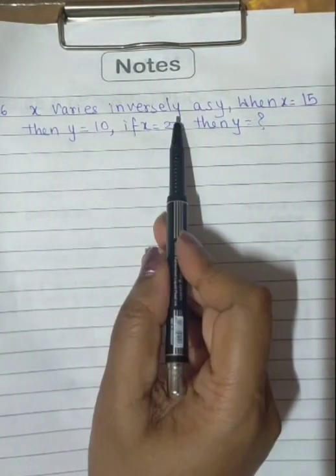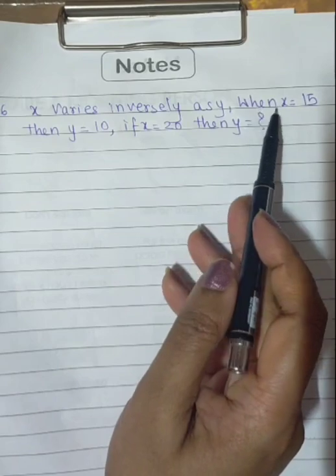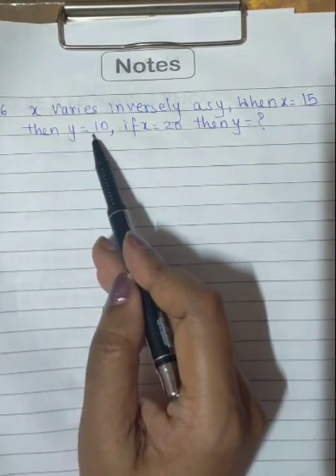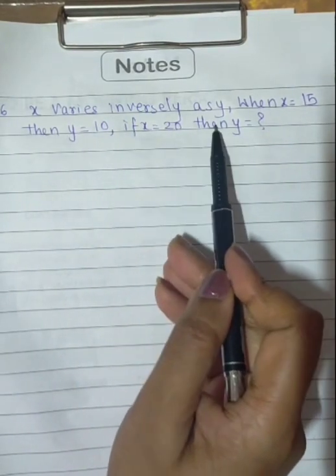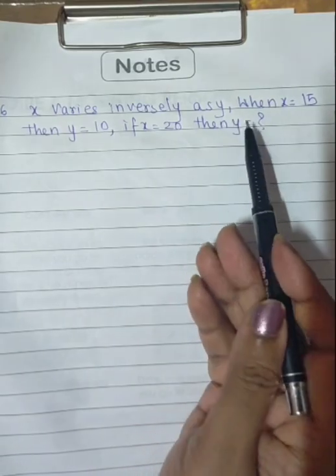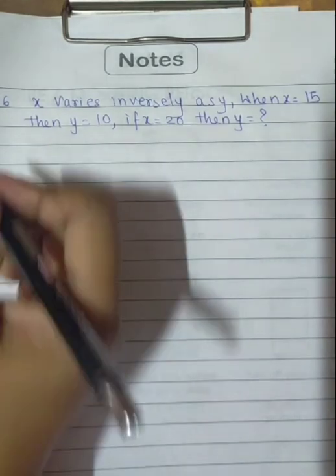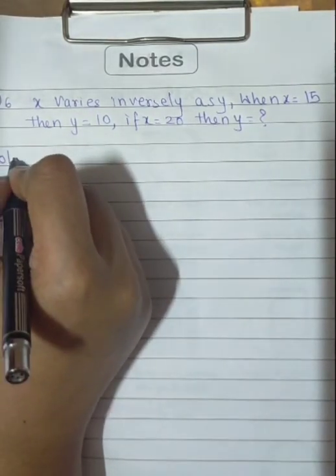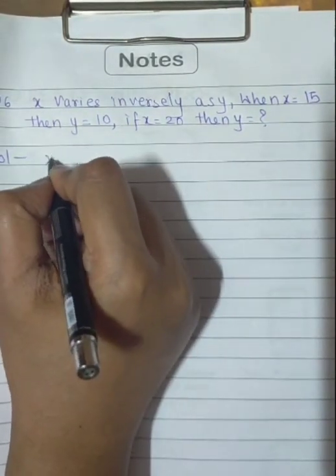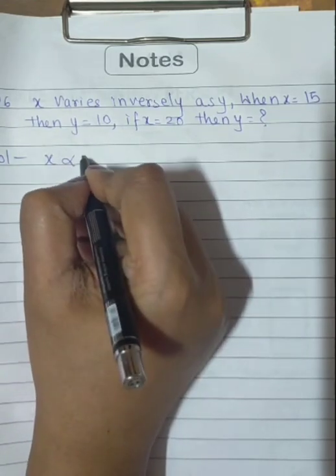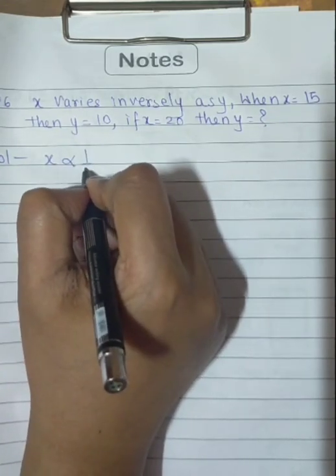Next, question number 6 is given: x varies inversely as y. When x is 15, then y is 10. If x is 20, what will y be? We have to find out. Now we start with the solution. So I am writing x inversely varies as y.